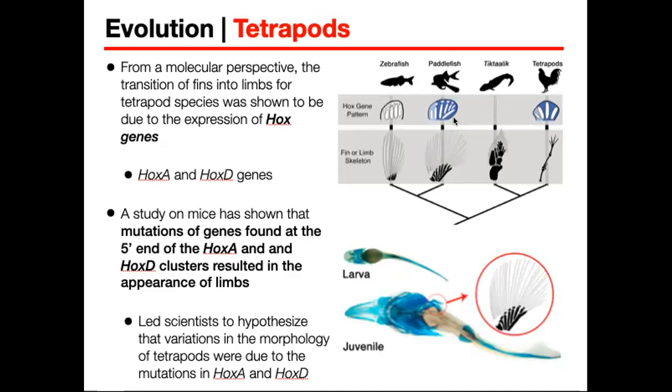Okay, paddlefish, although it's ancient, but it's still living today. But for tiktaalik, alam natin that it's already extinct, no, wala na siya ngayon. Okay, and this organism, this paddlefish right here, exhibits a unique pattern of these Hox genes. No, if you can see its pattern, okay, it's very much similar with that of the modern day tetrapods that we see today.